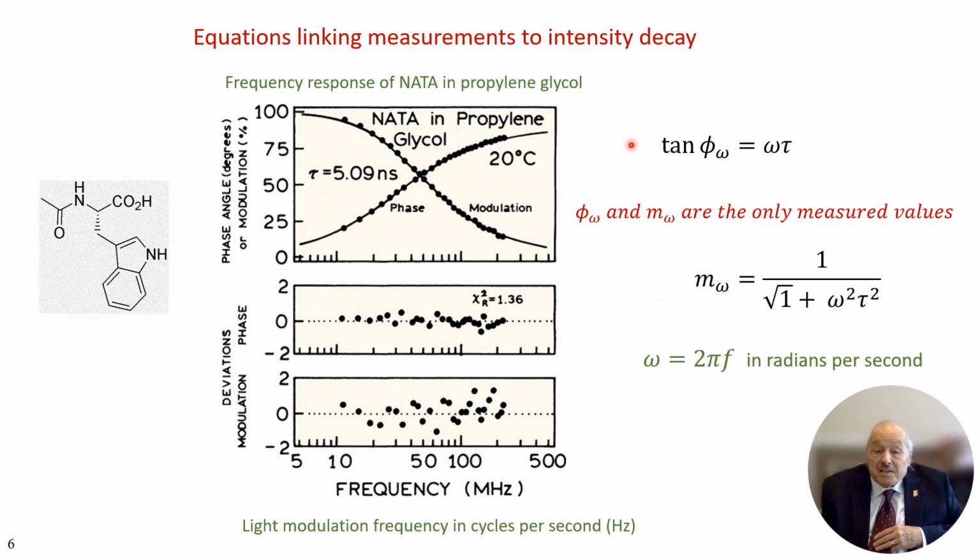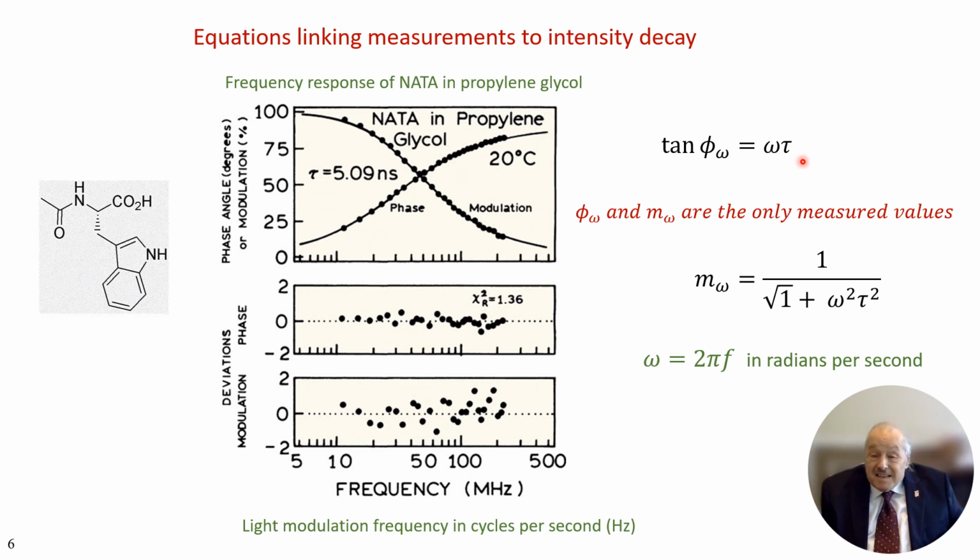What are the equations linking the intensity decay law to the phase and the modulation data? Now, you might not have seen these equations before, but they're moderately simple. One thing we have to remember, it's easy to get this mixed up, is that the frequency down here is actually the modulation frequency in hertz. The frequency that is used in all of the equations is the frequency in radians per second, so it's 2 pi times the frequency. And by the way, this square root should have gone all the way over the top of that.